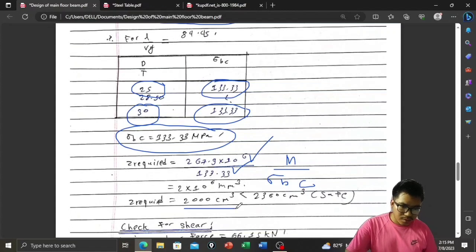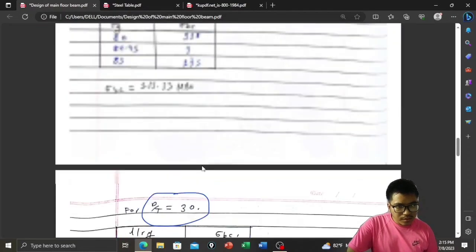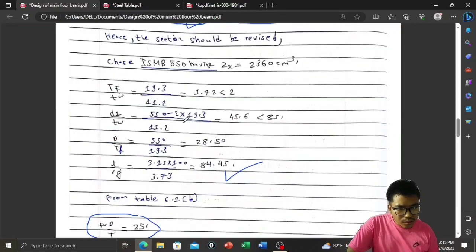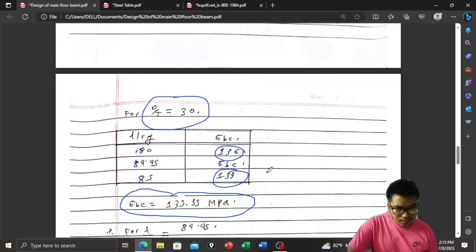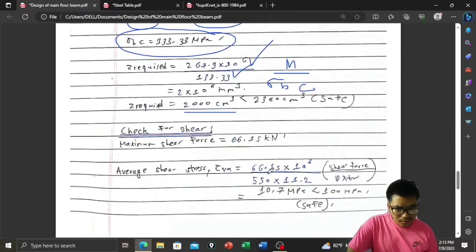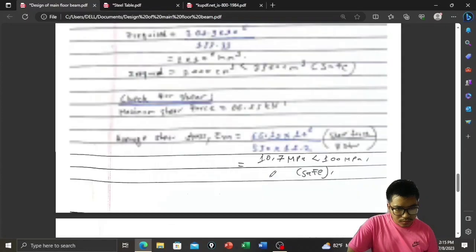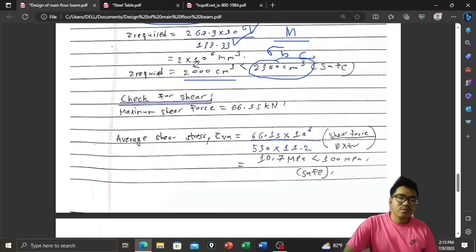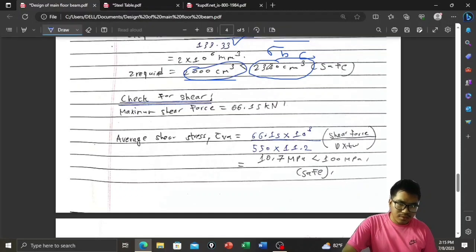This section can provide Z up to 2360, and the Z required is 2000, which is less than this 2360, so safe.